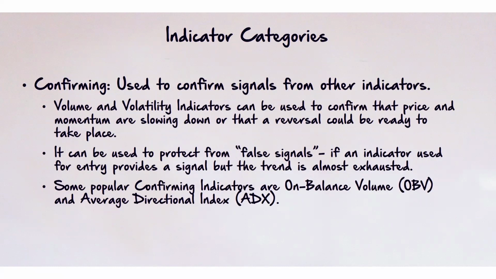When you see that the strength to the up is dying down, the market is probably going to make a change to the other direction. So something like the average directional index, the ADX, is one such indicator, and I'll also explain that in the second slide.